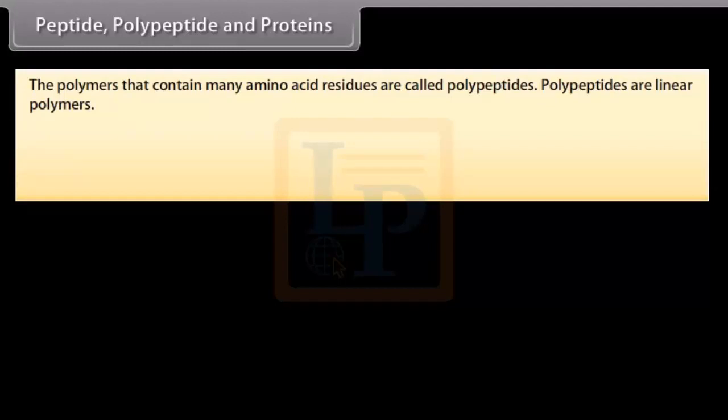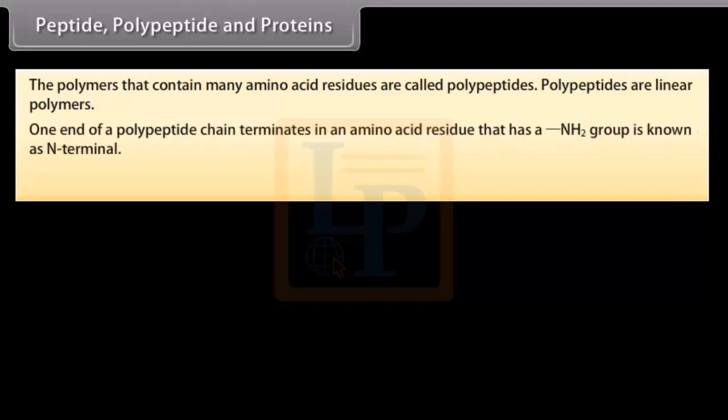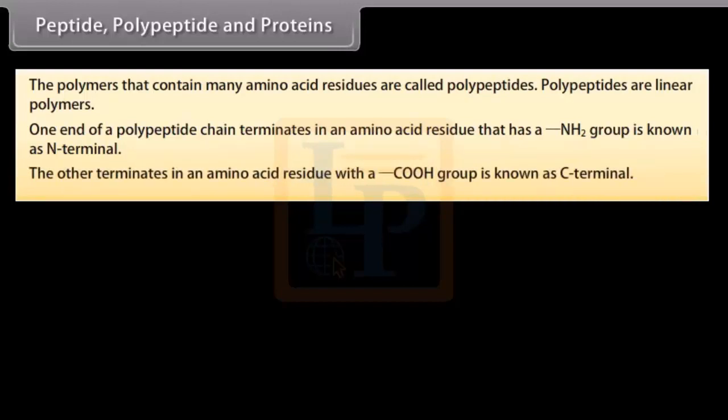Polypeptides are linear polymers. One end of a polypeptide chain terminates in an amino acid residue that has an NH2 group, known as N-terminal. The other terminates in an amino acid residue with a COOH group, known as C-terminal.